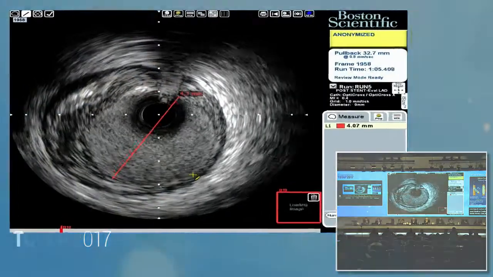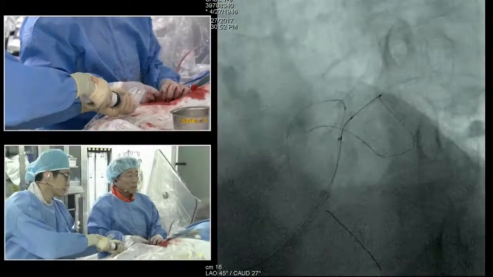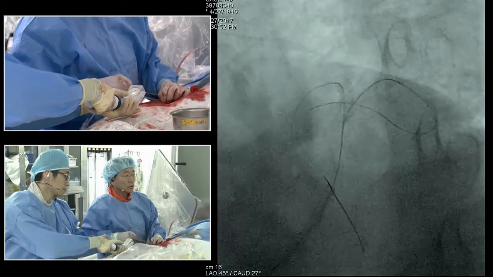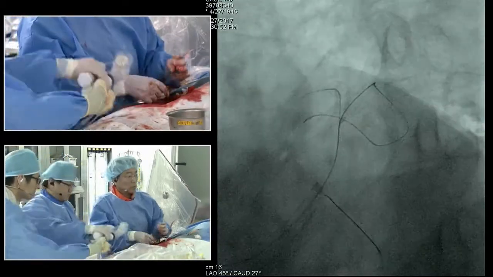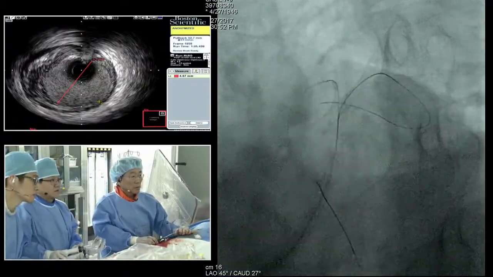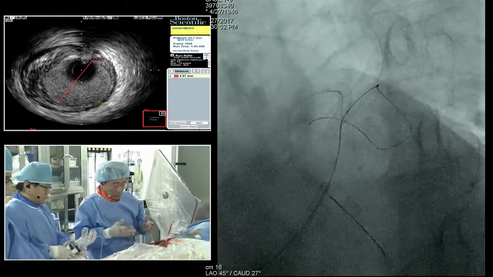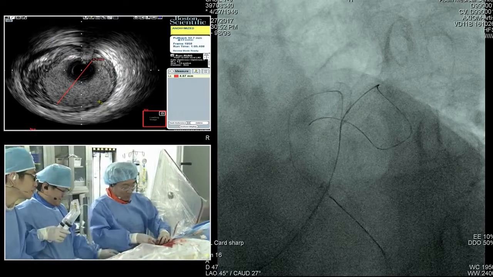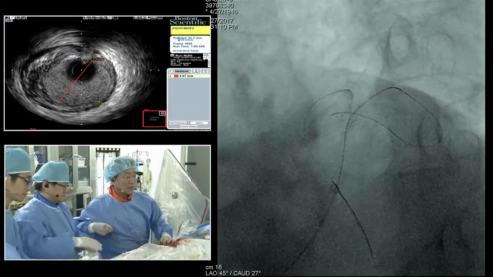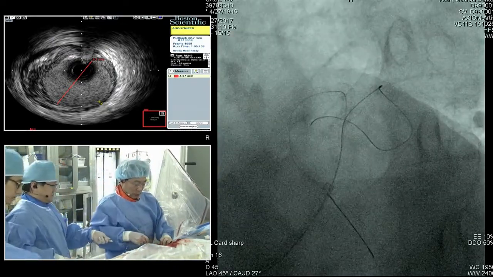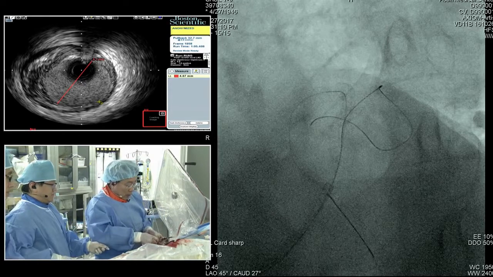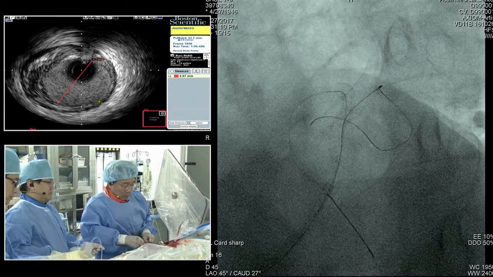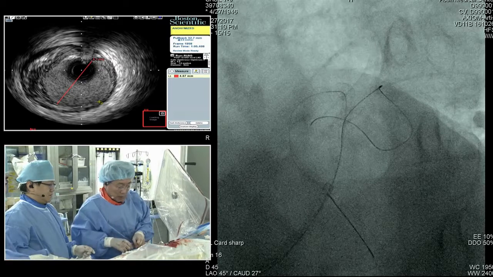So, all right, very much. Contrast, please. Even after two balloons inside, you can make a good angiogram, right? So, okay, almost done.